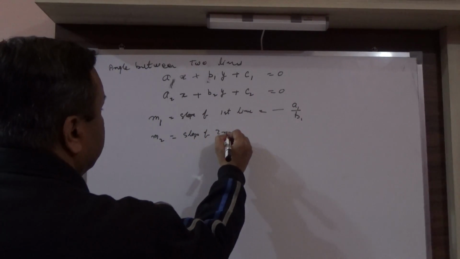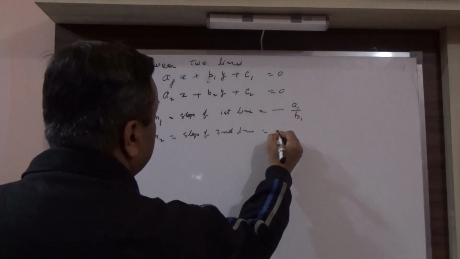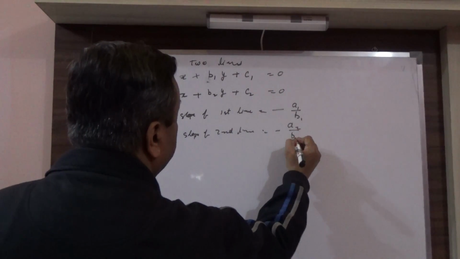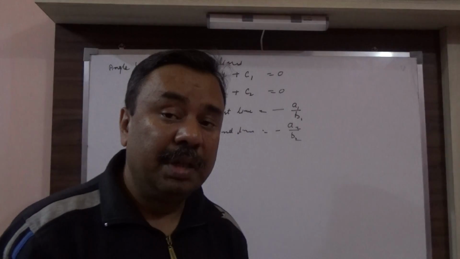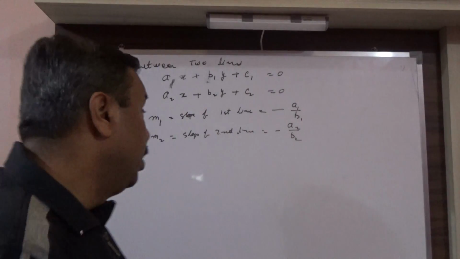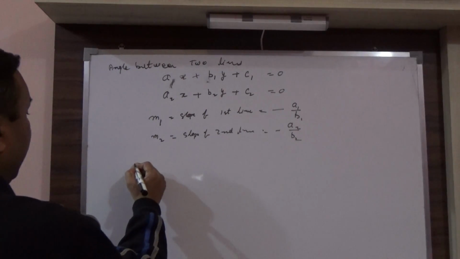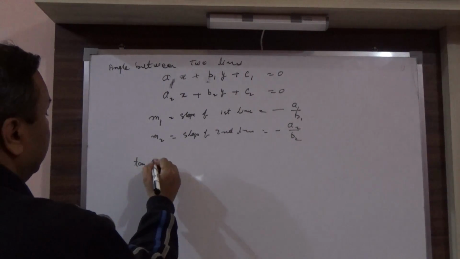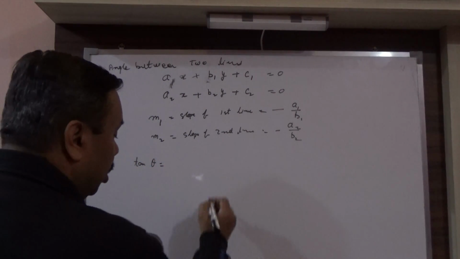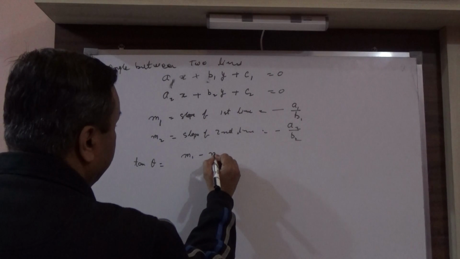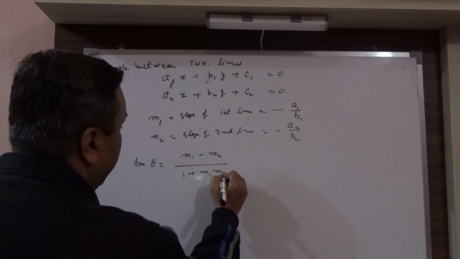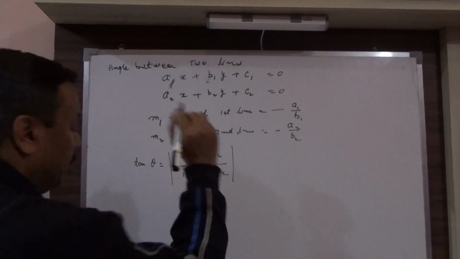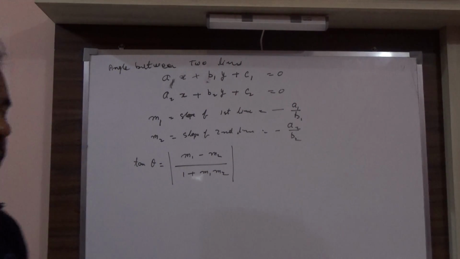The slope of the second line, that is minus a2 over b2. Now, just remember the first video where I told you that if the angle between them is theta, then tan theta was equal to the modulus of m1 minus m2 over 1 plus m1 m2.